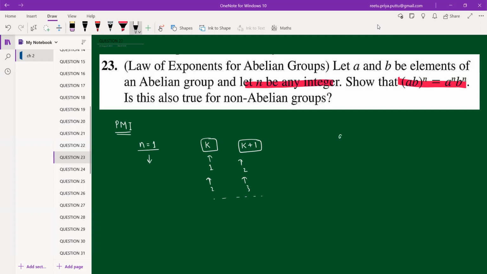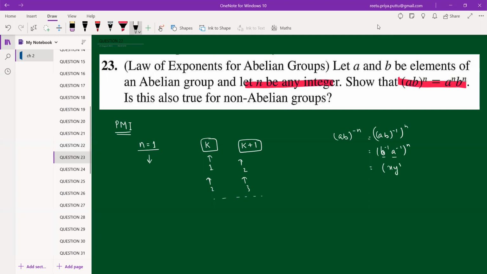So for integers, we are working on a group. For a negative integer, we can write it as minus n. And we know that (AB) inverse to the power n, now (AB) inverse is B inverse A inverse basically, to the power n. And we know that B inverse and A inverse is again some element of the group.